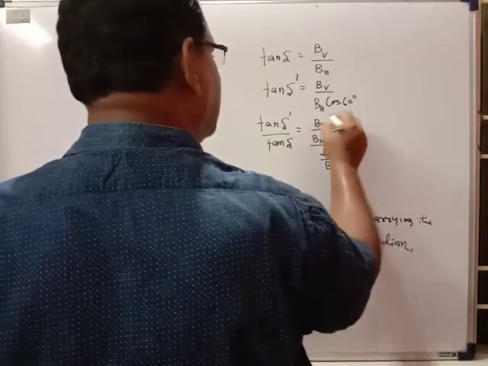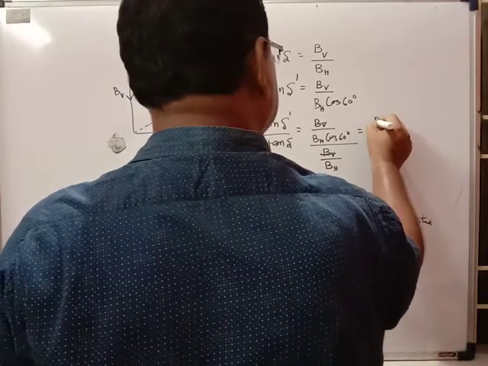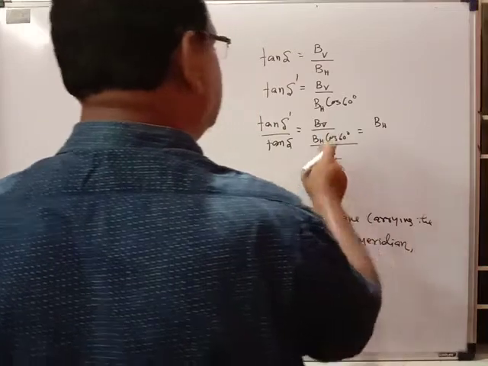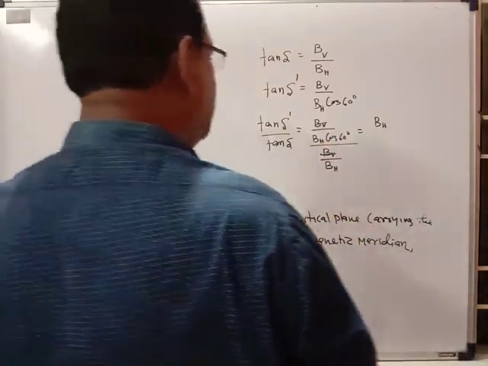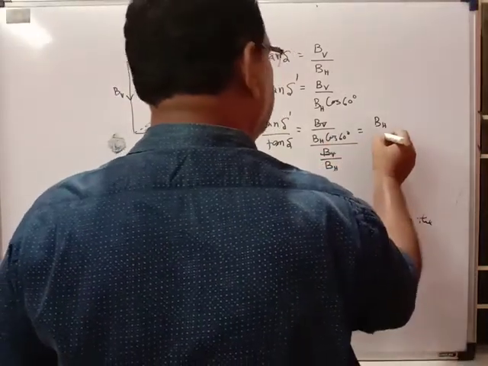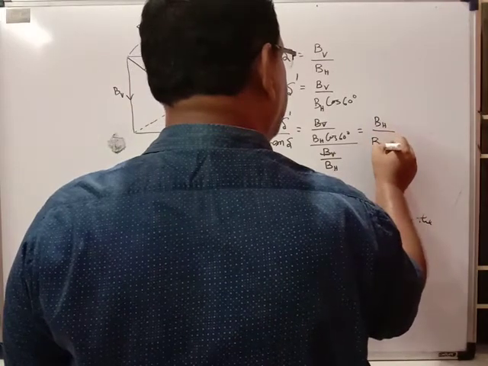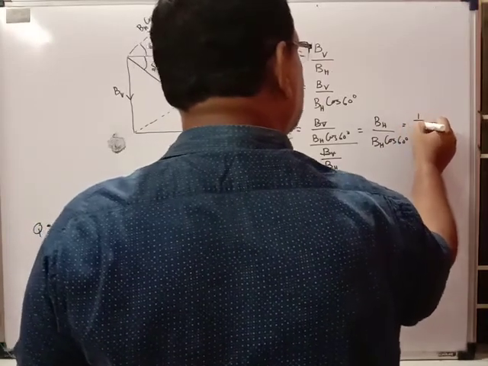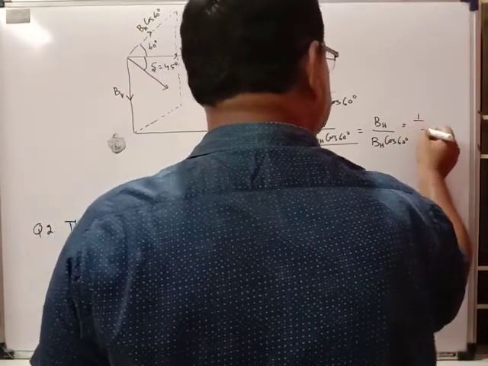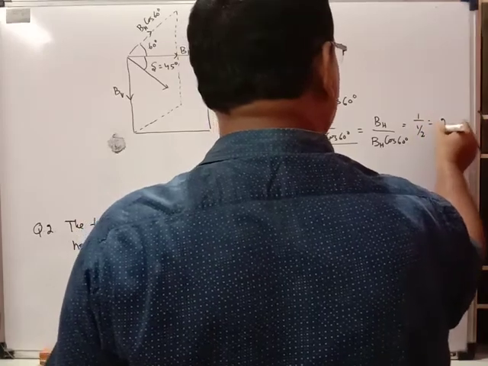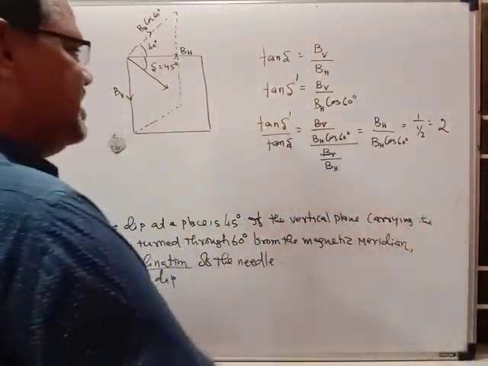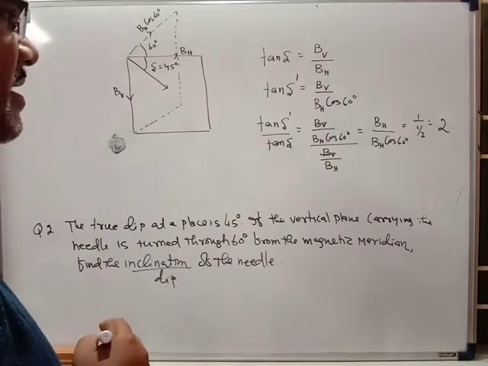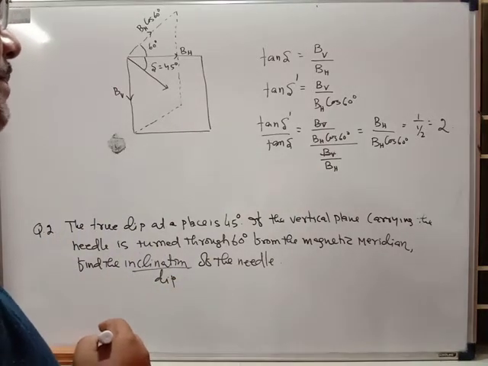And this BV cancels. You get BH upon BH cos 60 degrees, and this equals 1 upon cos 60 degrees. Cos 60 is 1 by 2, so that equals 2. So tan delta dash by tan delta equals 2.